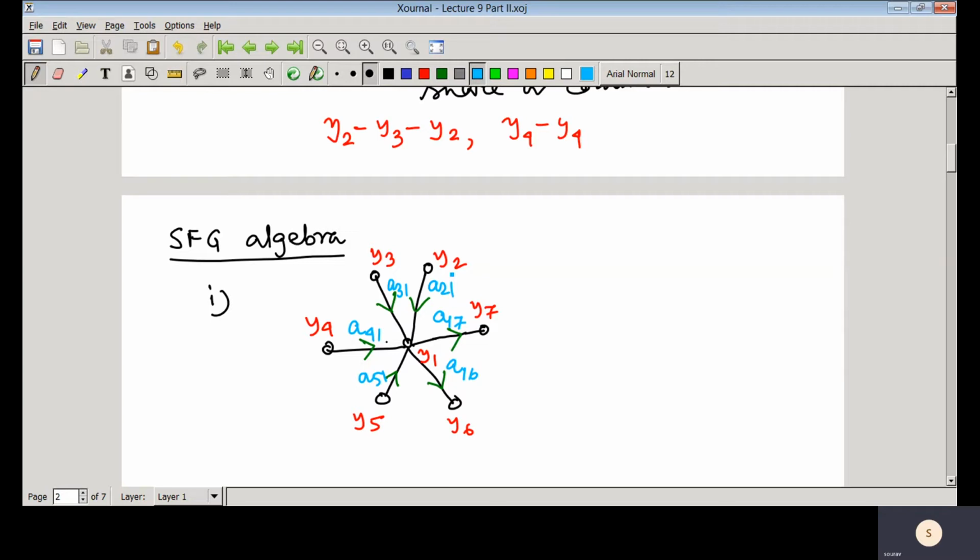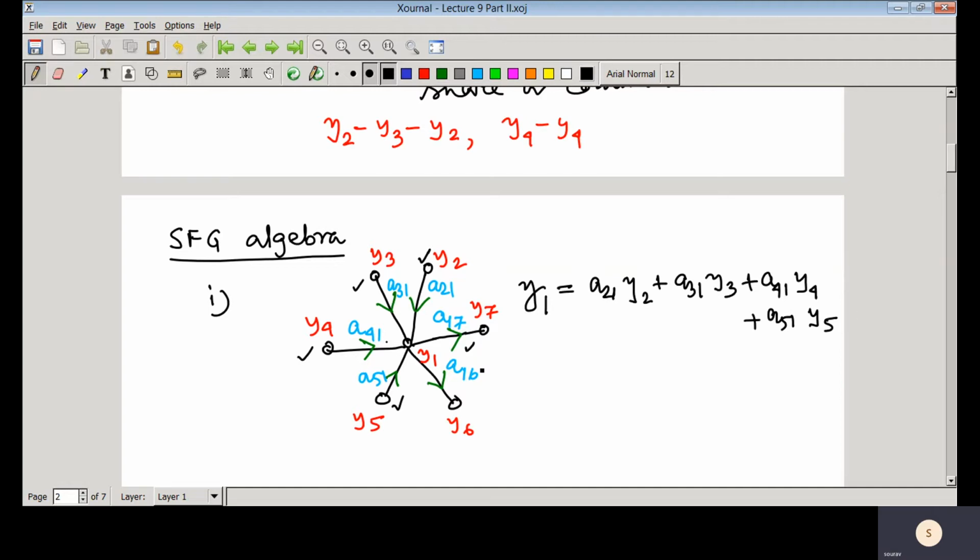So here you can see that what is y1, that thing already we have seen at the very beginning, that is y1 equal to A21. So this signal is coming like this, that is A21 into y2, then A31 into y3, then A41 into y4 plus A51 into y5.